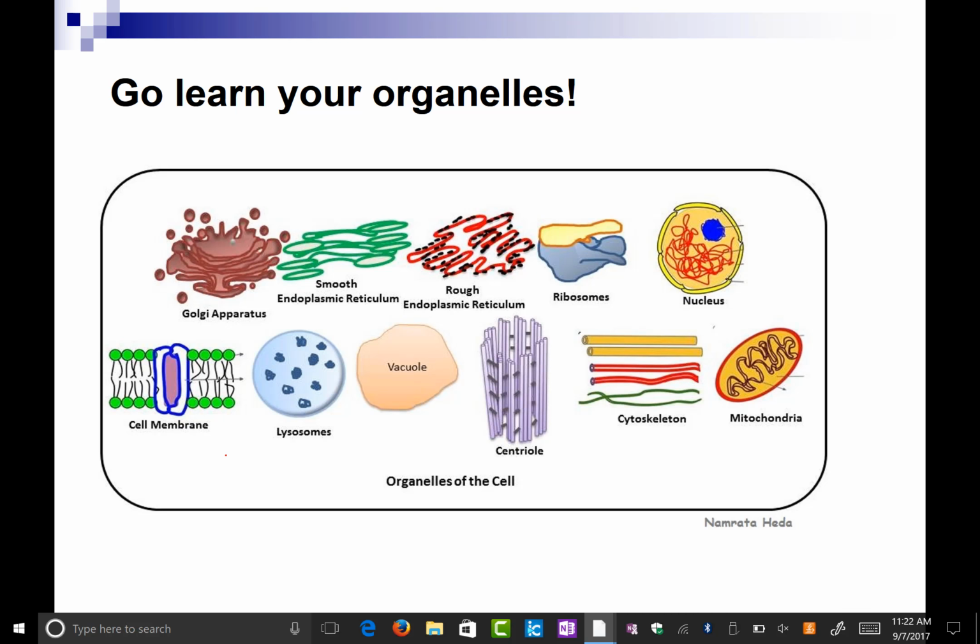We're going to have a fun activity to help you remember all these guys, but it's super important to be able to recognize structure, understand function, and know what kind of cells these are found in, because we're going to build the rest of the semester on the functions of these different organelles. All right, that's it.